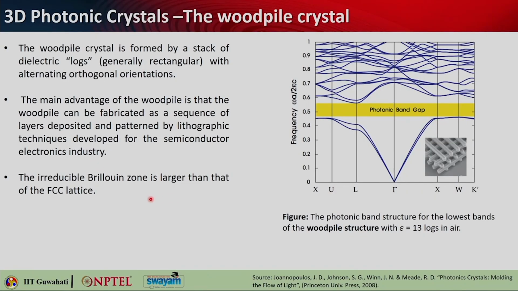The only thing is the irreducible Brillouin zone is larger than that of the FCC lattice. So, we have to now look at more directions, okay, because the irreducible Brillouin zone size is larger. In that case, you will require more time to compute all these points and come up with this band diagram, okay.